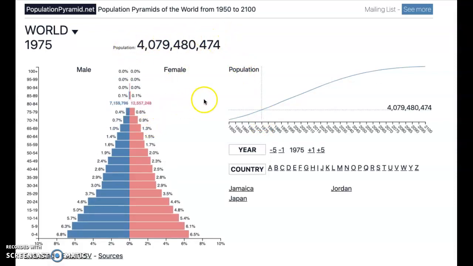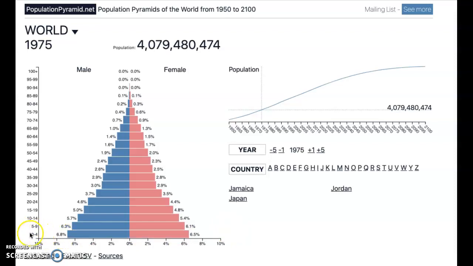And we can see the world at this scale. We're looking at the whole world's population, and we can see that in 1975 we have males and females. So males on the left in the blue shade, and females on the right in the darker pink shade there. And then we're given percentages along the axis here.